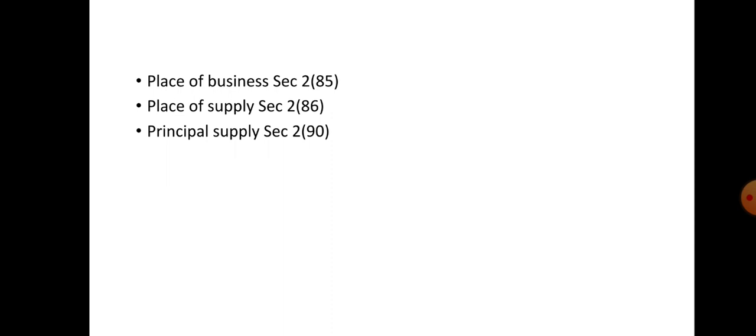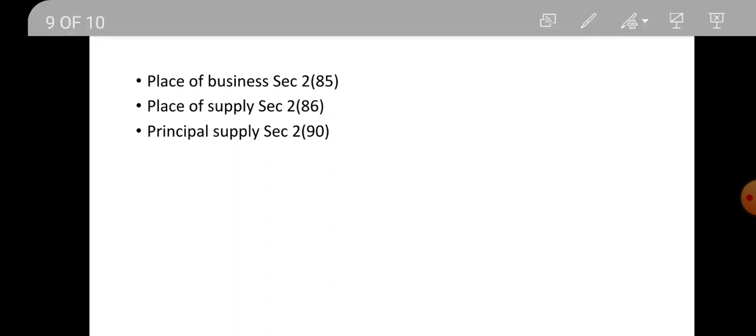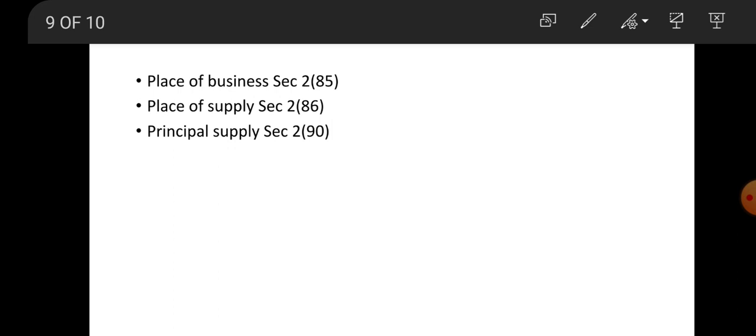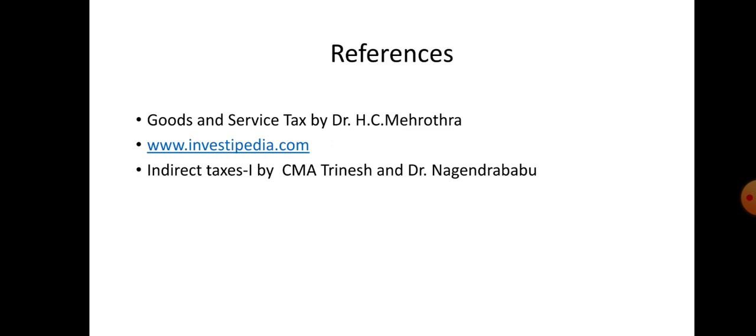So this is the principal supply. So this is the meaning of the place of business, place of supply, and principal supply.